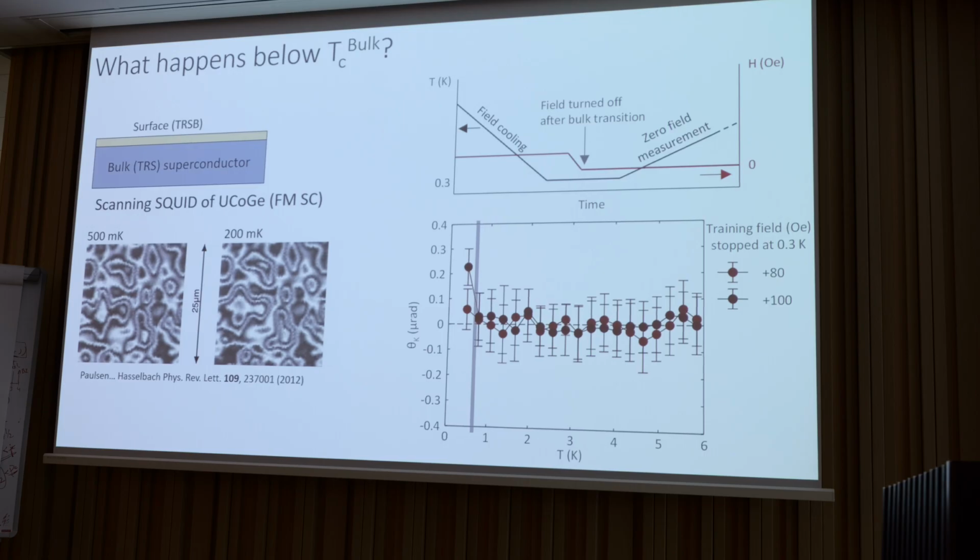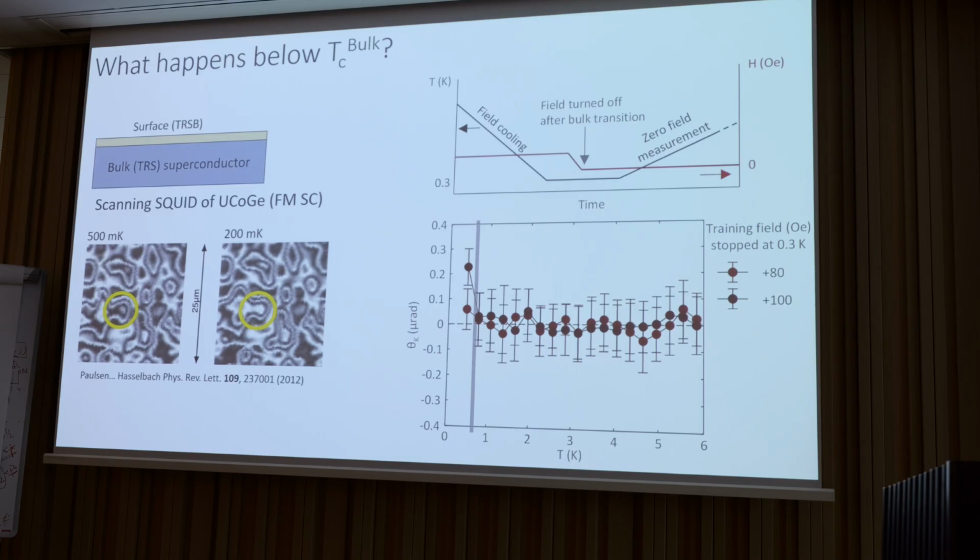And once the sample is cooled down further into the superconducting state, there are some changes in this domain structure. So here's one that I highlighted. You can see here it goes from black to white. And this has to do with vortices that are coming in and moving around the sample and changing the magnetic field distribution. So it is conceivable that maybe something similar is happening in our case.